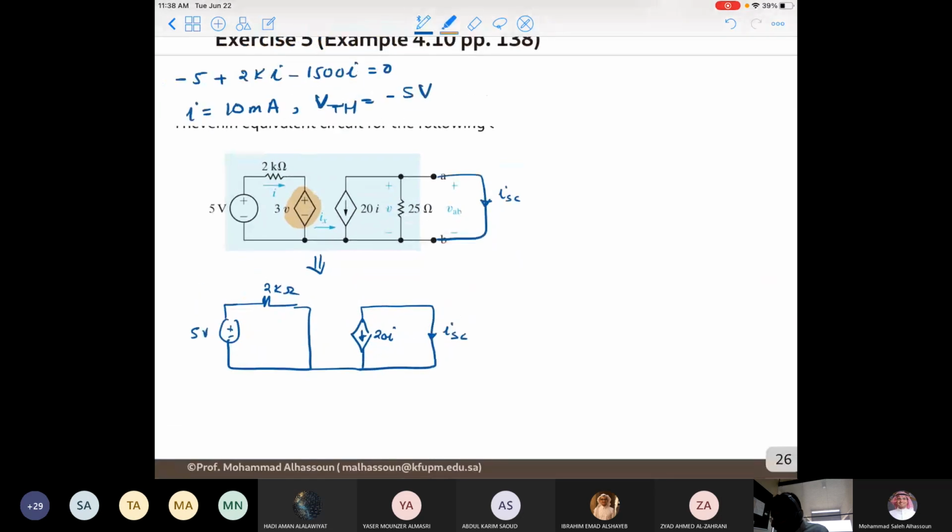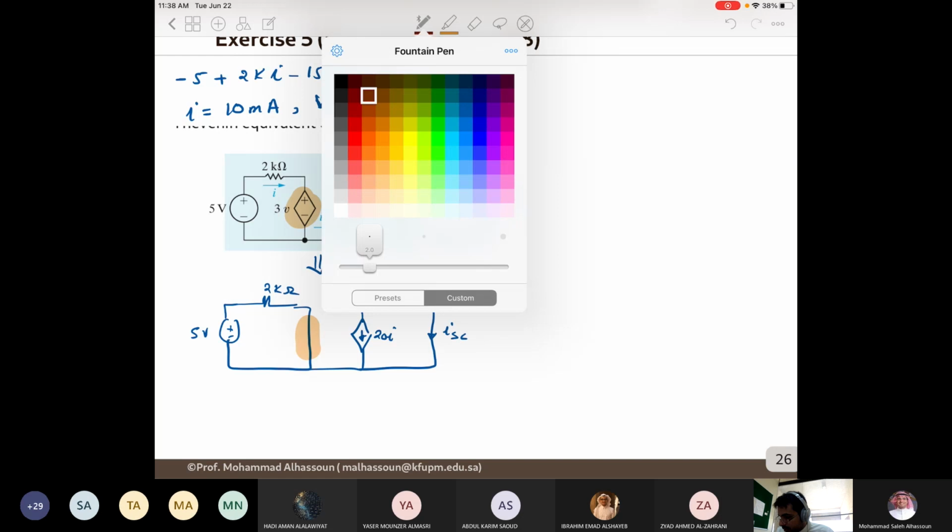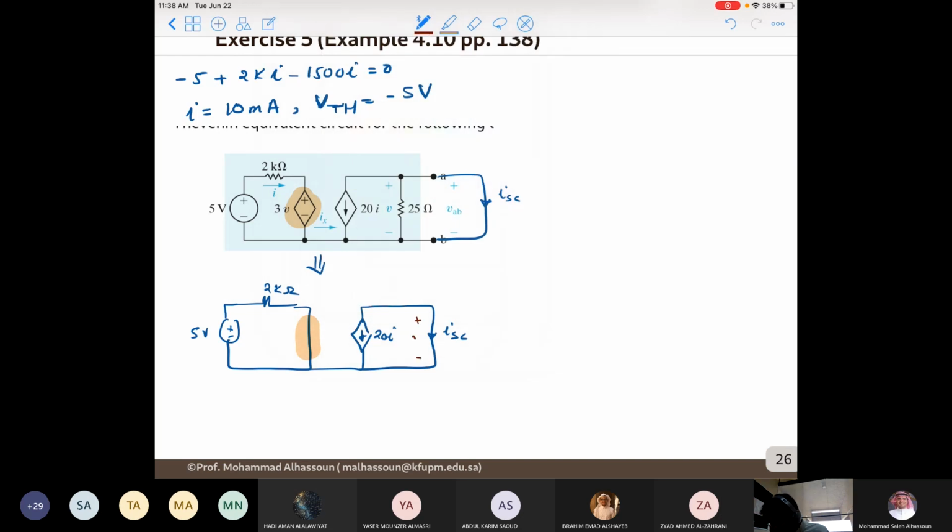Remember, this one is 0 not because we're deactivating the sources, but because it depends on the voltage here, and the voltage here is 0.